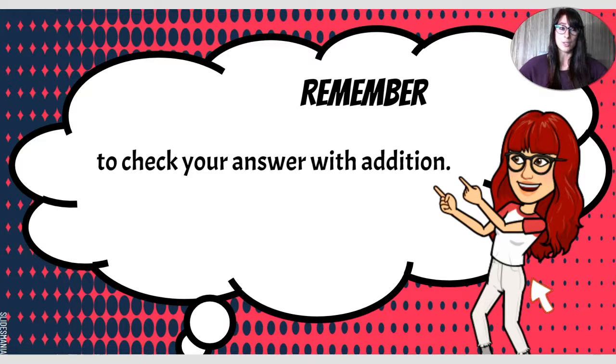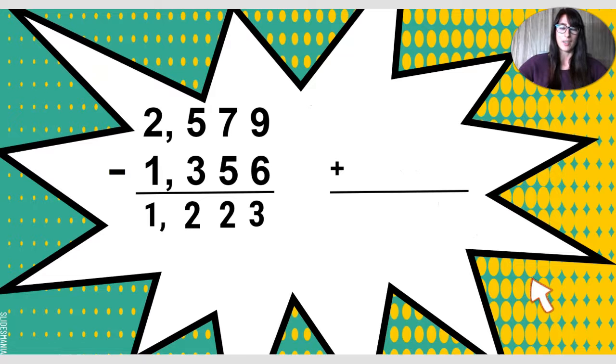We know that in subtraction, we can check our answer with addition. And this is how we do it. Let's say we have this problem and I solved it, and I don't want to just move on to the next exercise, but I want to check my work and just make sure it's correct. There's a way to do it. And the way we do it, and this is the way you have to also show to your teacher in your test.